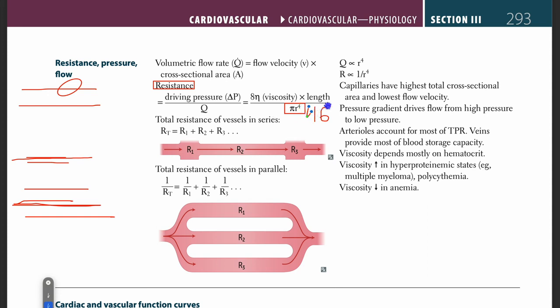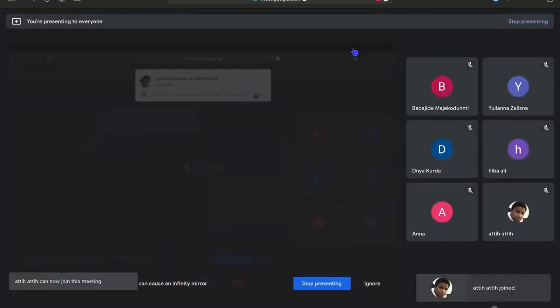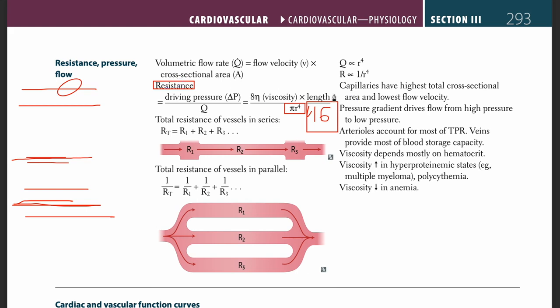So it's going to be 16 times higher, kind of thing. Okay. So if length increases, resistance increases, right? If length decreases, resistance decreases. Viscosity increases, resistance increases. Viscosity decreases, resistance decreases.